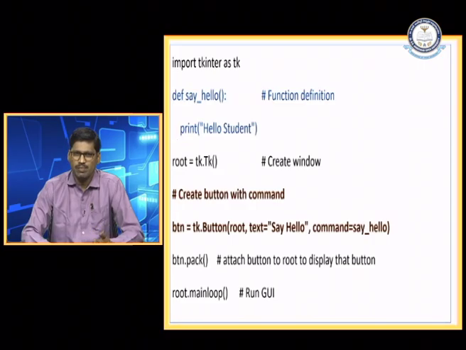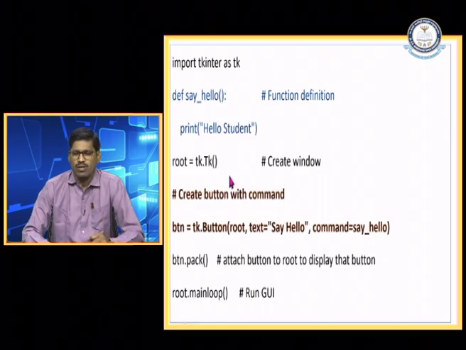Whatever statements you want to write as part of that block, you must give the indentation. So as per this code, the print statement is within the say hello function, that is why we are giving the indentation here. Then what statement are we writing in this function? Print hello student. I just want to print a simple text hello student when this function is called. That is about the function definition.